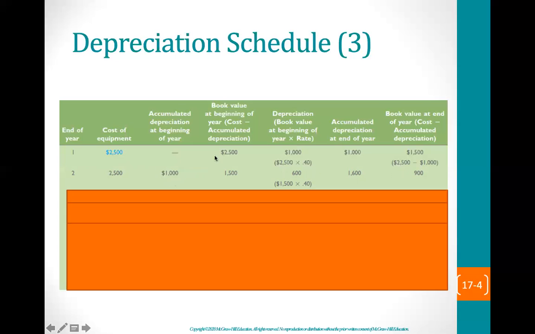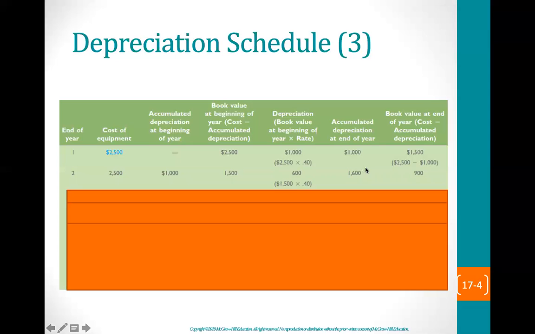This $1,000 comes from your accumulated depreciation at the end of the year. So your book value at the beginning of the year is $1,500. Your cost minus your beginning accumulated depreciation gives you your book value. This is the number that you will use to calculate depreciation. 1,500 times 0.4. You're going to take $600 of depreciation in year 2.